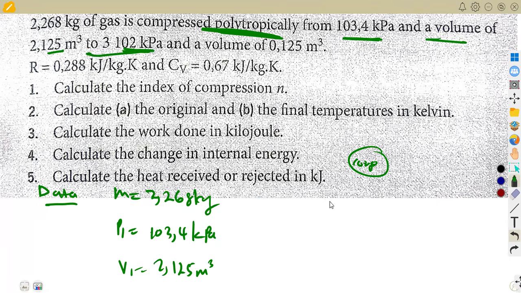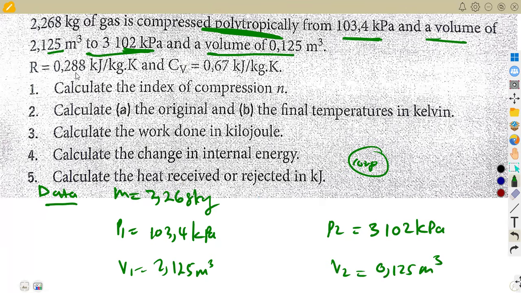To this, the second pressure: P2 was 3,120 kilopascals and a volume V2 of 0.125 cubic meters.